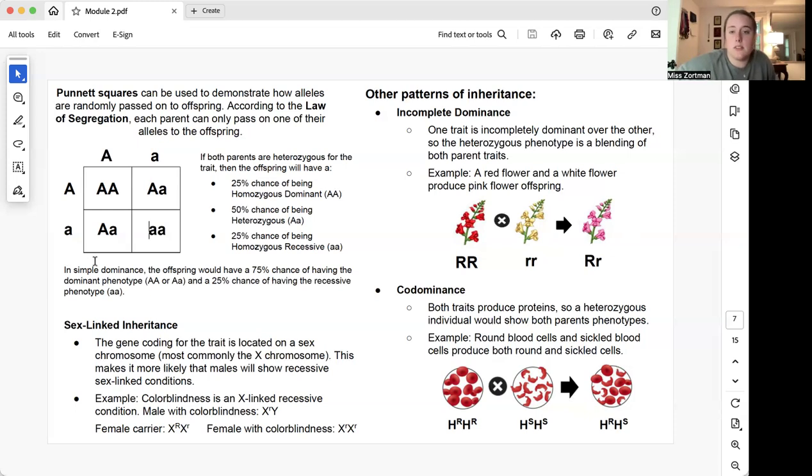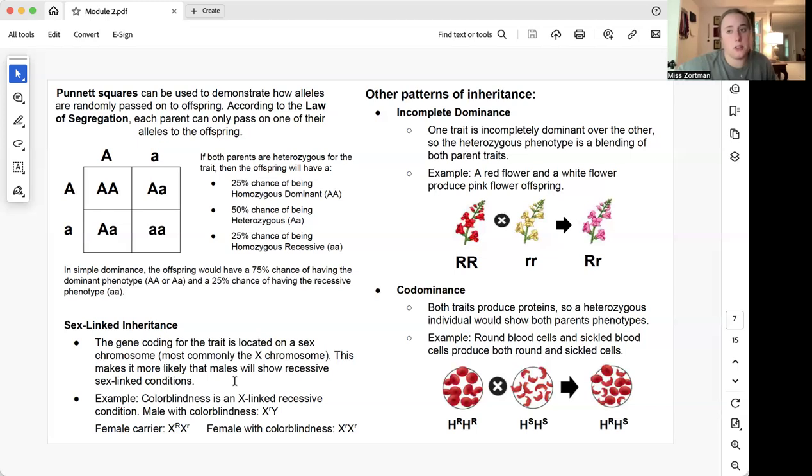Unfortunately, not everything is just simple and normal genetics. Instead, we have some other non-Mendelian genetics, which include first our sex-linked inheritance. This is the inheritance where your trait is found on one of the sex chromosomes.